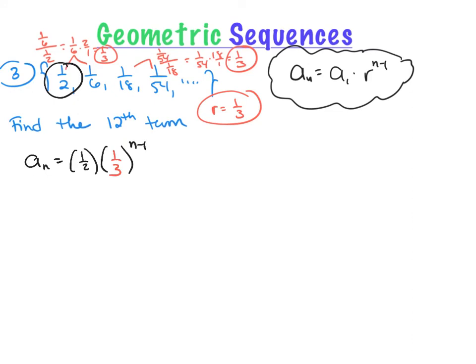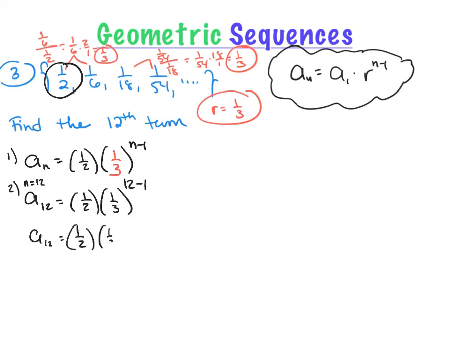So that's our formula for the nth term. To find the 12th term, this was step 1. In step 2, we're going to plug in n equals 12 into that. So this will be 1/2 times 1/3 to the 12 minus 1, or 1/2 times 1/3 to the 11th.